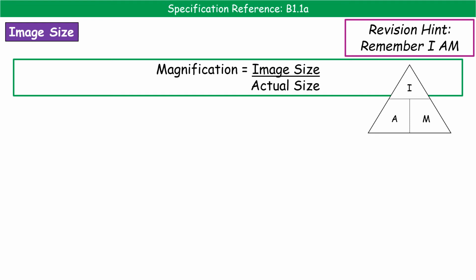Just make sure they are in the same units. If, however, they're asking you to calculate the image size, then we would have to rearrange. So use your triangle. If we're working out the image size, that's the magnification times the actual size. Do make sure you use a calculator and do show your working in each case.